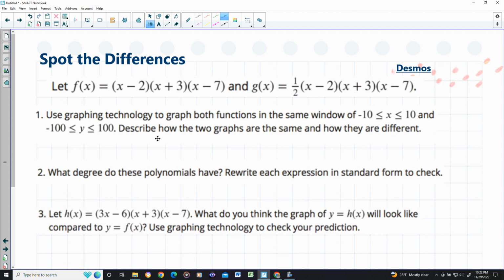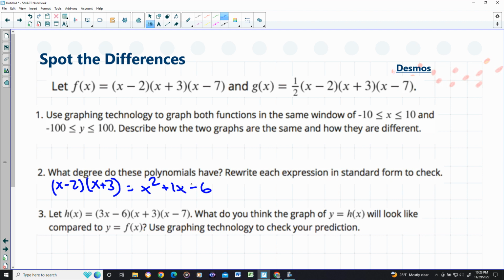You can do that by, say, x minus 2 times x plus 3. That's going to be x squared minus 2x plus 3x, so that's 1x minus 6.